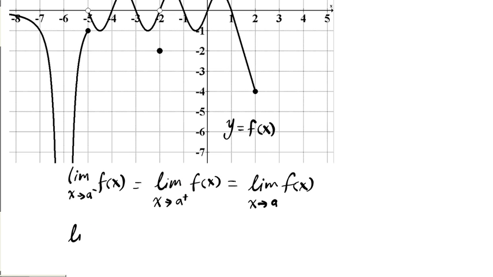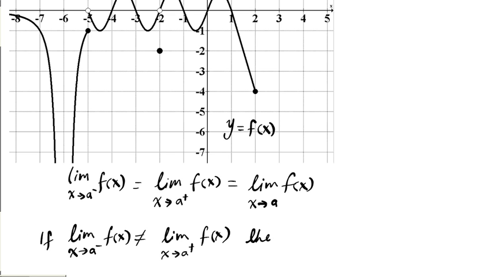But if the left-hand limit as x approaches a from the left of the function is not equal to the right-hand limit, which is the limit as x approaches a from the right of the function, then the double-sided limit as x approaches a, without any sign, meaning from both sides of the function, does not exist.